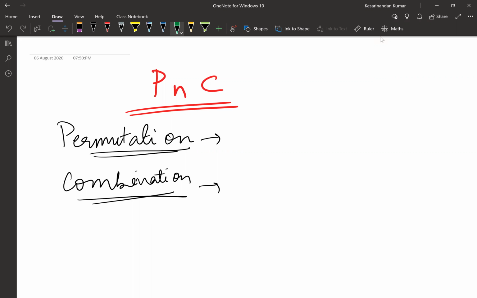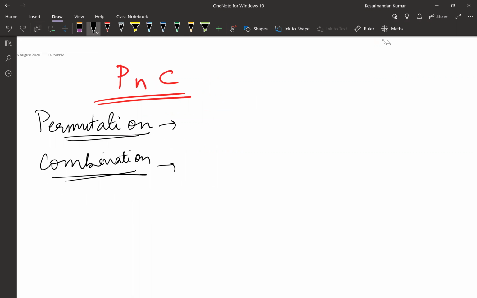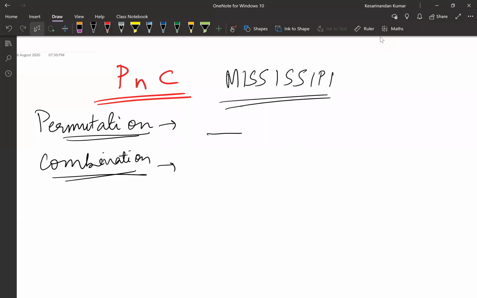Starting from the same example, let's have a simple one, and you might have had it in your 10th or 12th standard as well. If you were asked to pick letters from this and form 3 to 4 letter words, how many words can be formed? Then what you will use is a permutation.